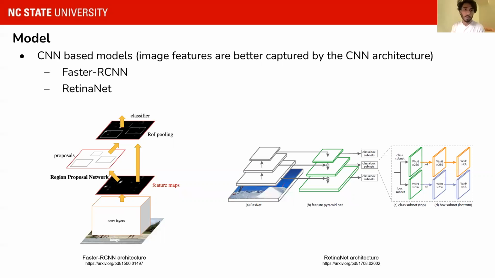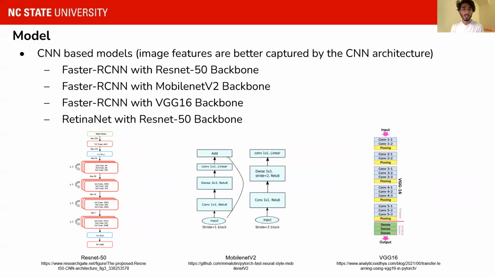So talking about the model, we have implemented two different architectures. The first one is a faster RCNN and the second one is RetinaNet. The RetinaNet is the one-stage detection while the faster RCNN is the two-stage detection, and both of the network architectures use a backbone network. So we used three different backbone networks.